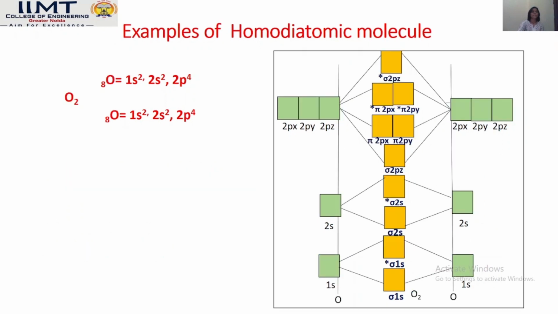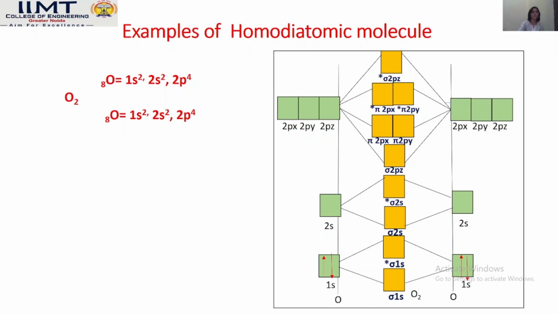The other example of a homodiatomic molecule is oxygen. The electronic configuration of oxygen is 1s2, 2s2, 2p4. Now electrons are going to be filled in the 1s atomic orbital of oxygen. In the combination of 1s and 1s atomic orbitals of the oxygen atom, sigma 1s and sigma star 1s molecular orbitals are formed.